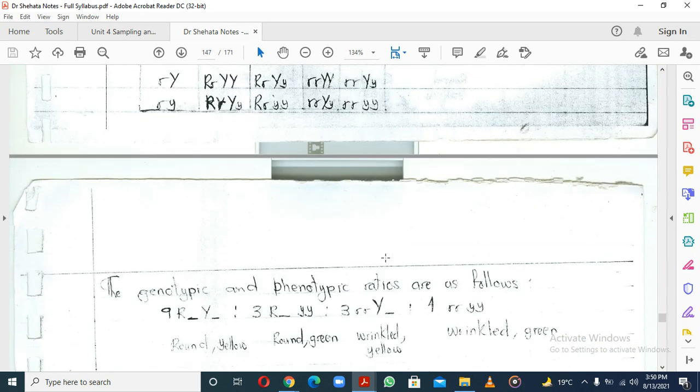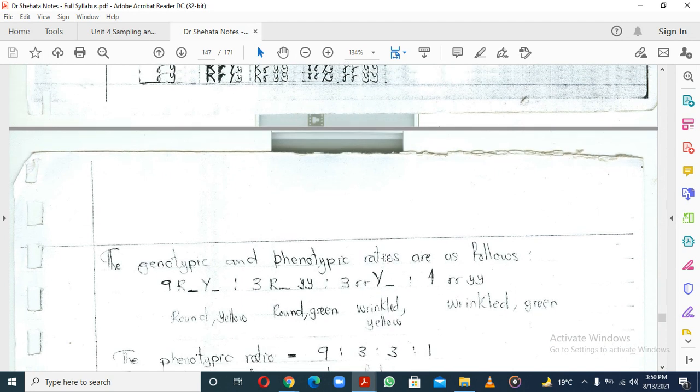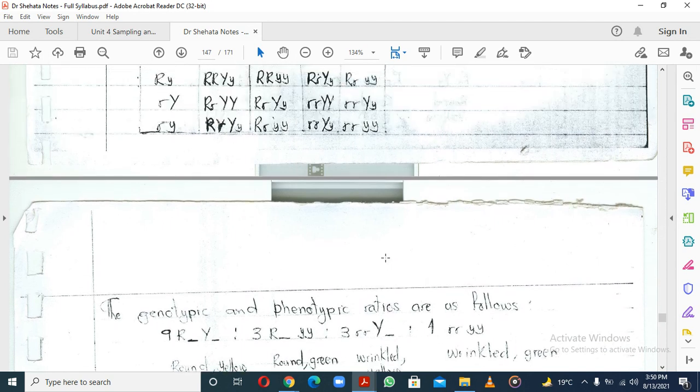Okay, so for those who are in agriculture, now we look at the genotypic ratio and the phenotypic ratio.